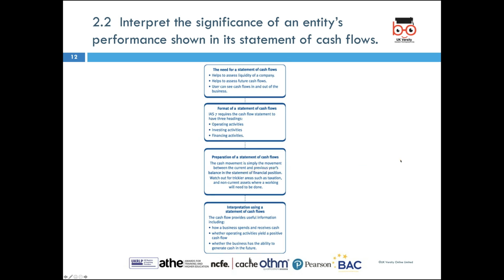Now, the preparation of the cash flow statements shows the current and the previous position of the company's financial situation. So when you look at comparative cash flow statements between this year and last financial year, you are understanding, from an investment point of view, a stakeholders' point of view, a shareholders' point of view, and a regulation point of view, how the financial position of the company is improving.